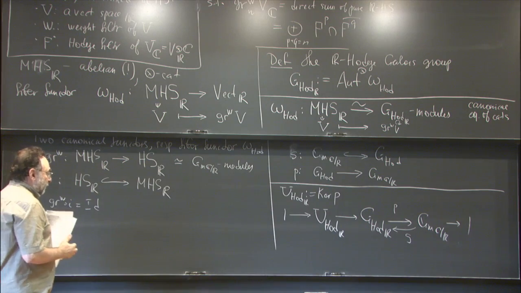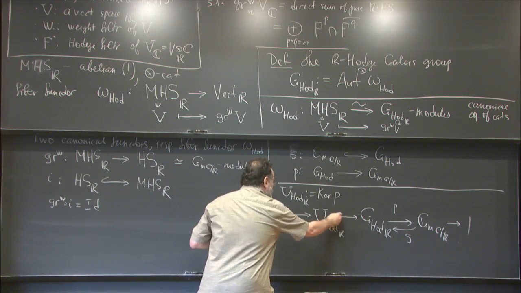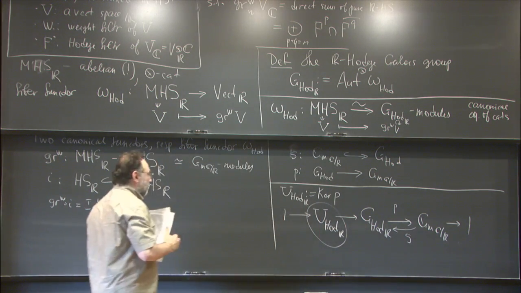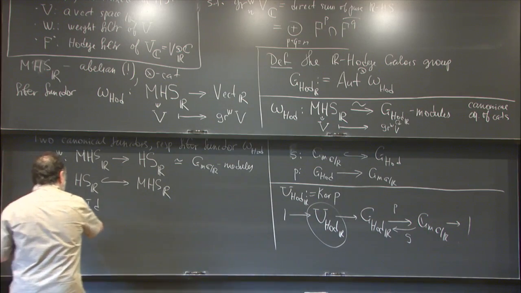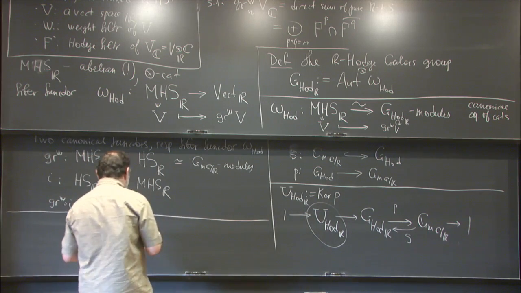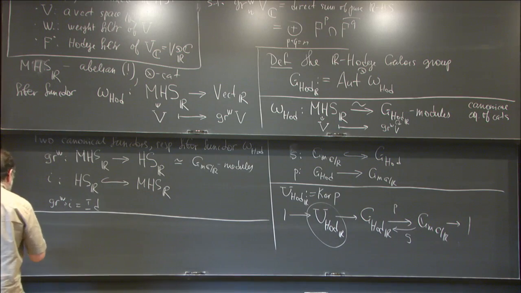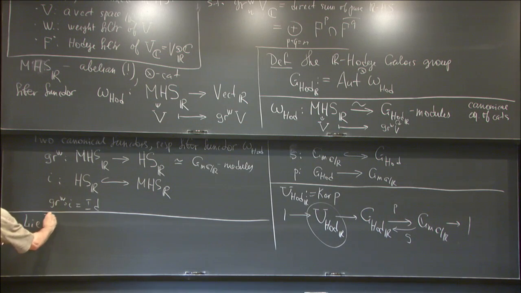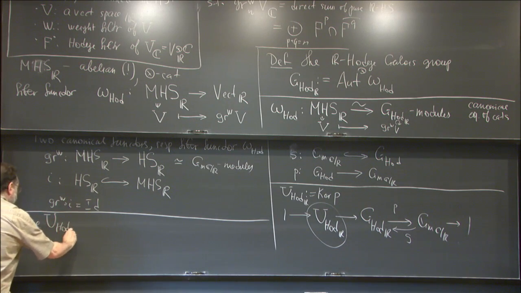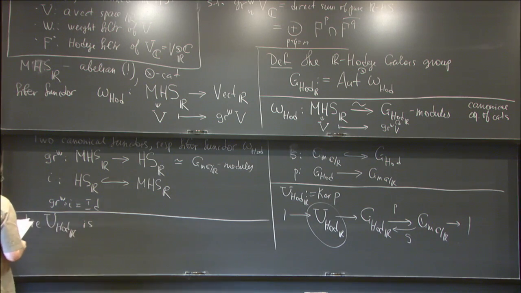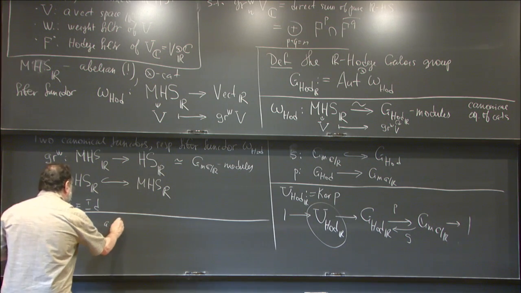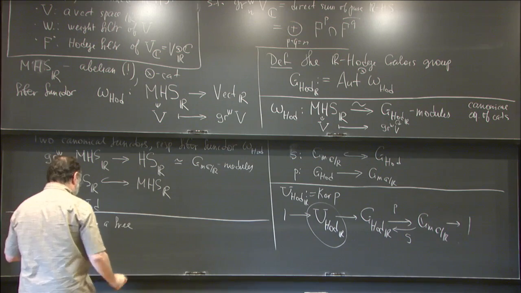So now we concentrate on this unipotent tail, the unipotent radical of this group, and we can just say that this Lie U Hodge, the unipotent radical, is a free Lie algebra.